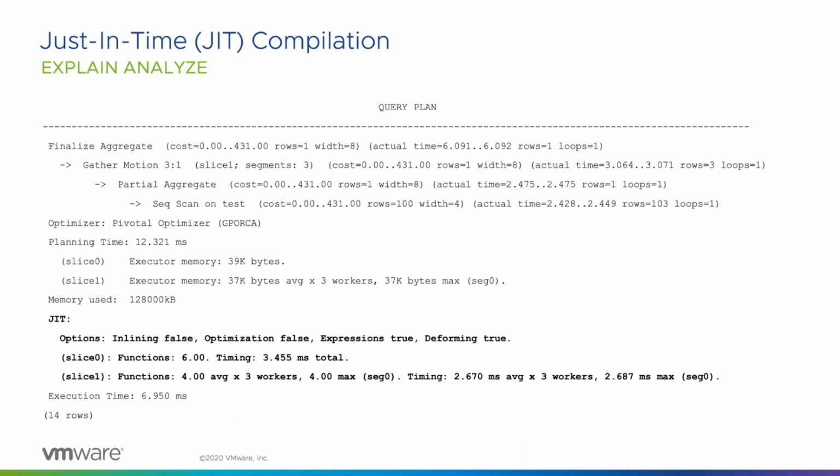GPDB consists of many distributed segments. The per-slice average timing spent on JIT is shown and explained as a summary. And if timing details for each slice and segment are wanted, set log_min_messages and client_min_messages, the log level, to debug5 in GUCs or the config file.